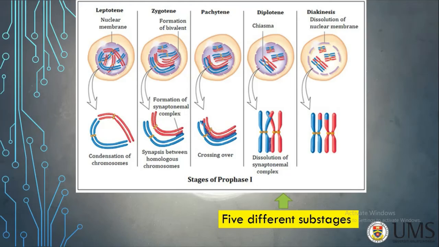The synaptonemal complex here is the protein that assists in the synapsis process. And finally, diakinesis, in which the nucleolus and the nuclear envelope will start to disappear and break down respectively.